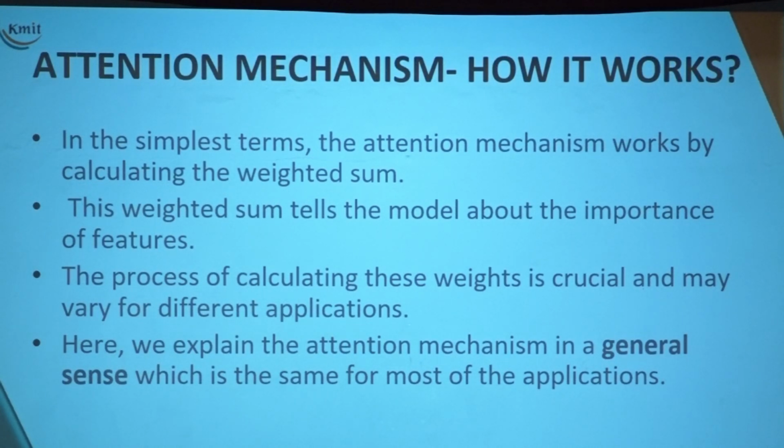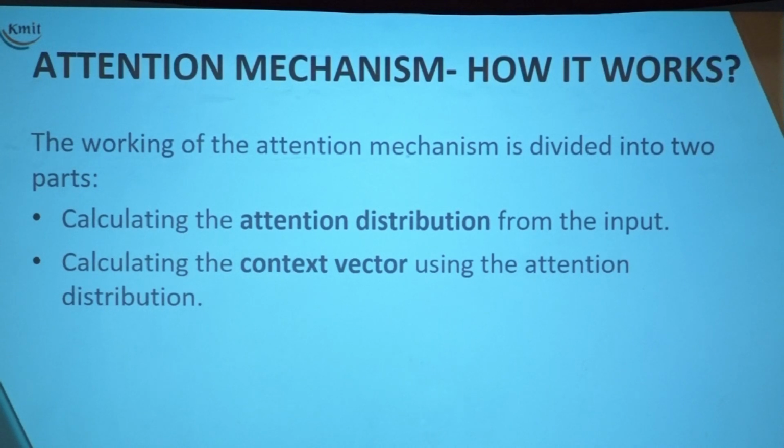If you understand it, you can understand any type of attention. Okay? Now, the working of the attention mechanism is divided into two parts. The first part calculates the attention distribution from the input, and the second part calculates the context vector. Try to understand here, in a sequence to sequence model, I am now building only an encoder.